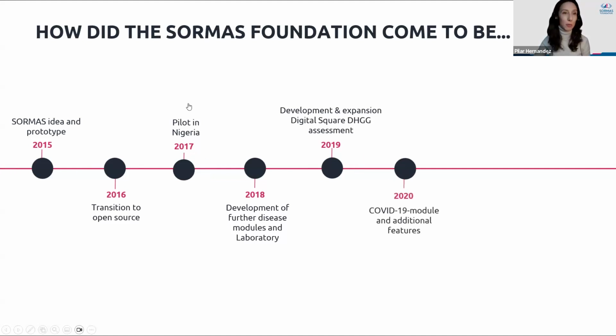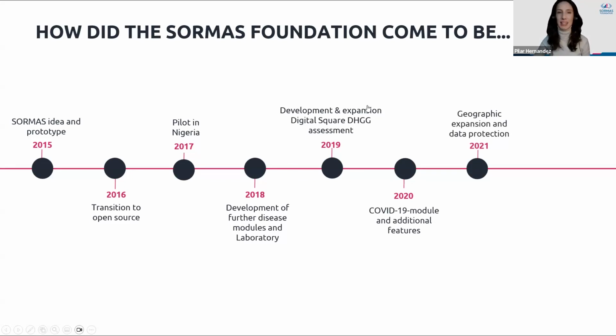And as you can imagine, with the onset of the COVID-19 pandemic, the demand for SORMAS very quickly increased. So there was also a very fast development of the COVID-19 module and geographical expansion into new countries, including in Europe.